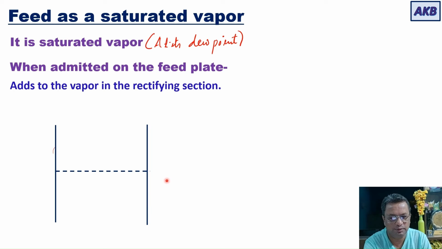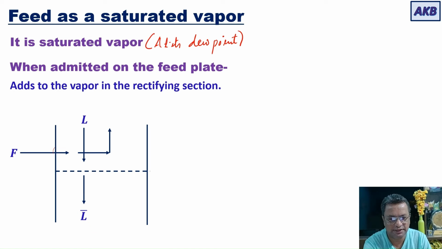You have the feed plate, and now F is entering. Since it is saturated vapor, with no liquid in it, all of the vapor will be going to the rectifying section. You have liquid that is coming from the rectifying section. It will be simply going to the stripping section.